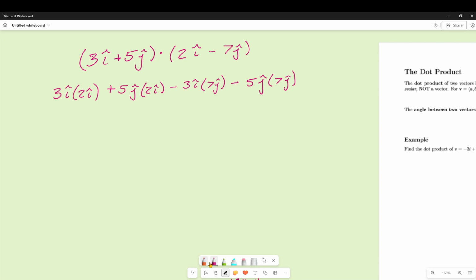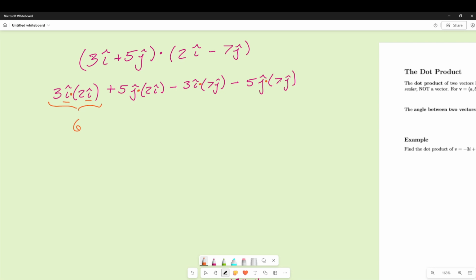But here's the issue. Notice these are both i's, so they're both headed in the i direction. So this product is just the product of the magnitudes because they're headed in the same direction. So 3i dotted with 2i, ooh, that almost made me mad at myself. These are all still dot products.